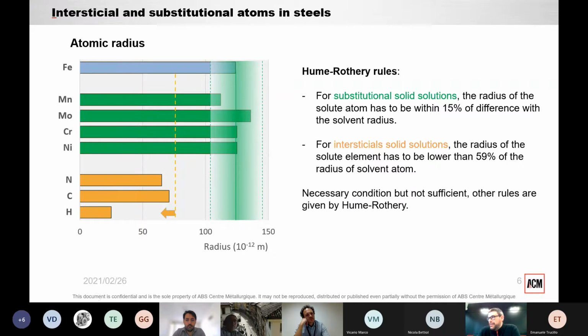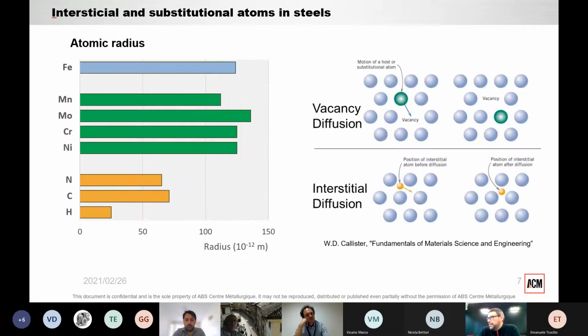So these are necessary conditions, the size, but it's not only that. For interstitial diffusion, I think it's pretty clear how it diffuses. For substitutional atoms, you also have diffusion, but the main mechanism in metals is linked to vacancy diffusion.